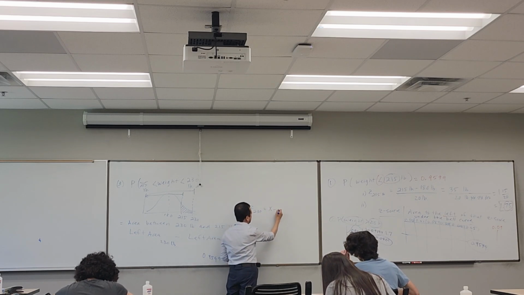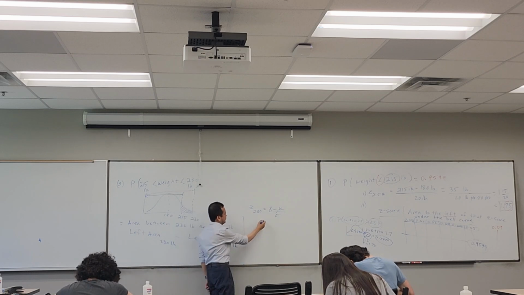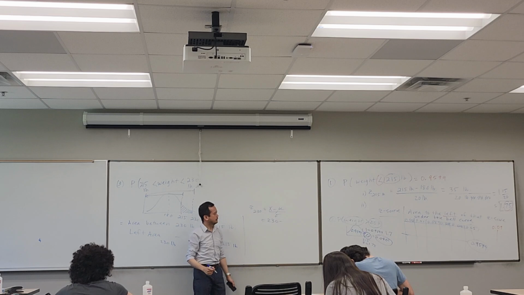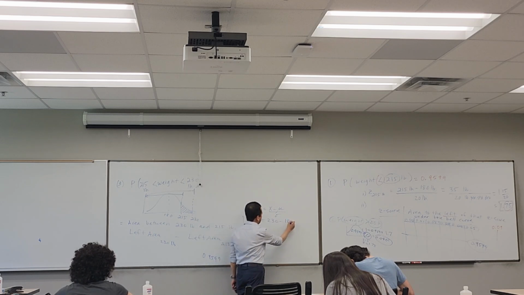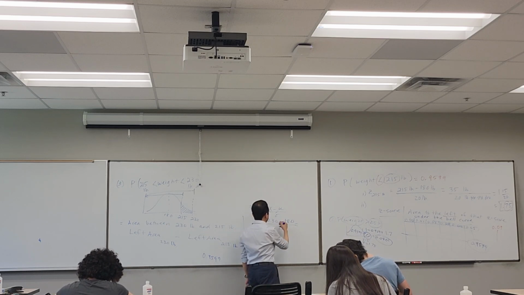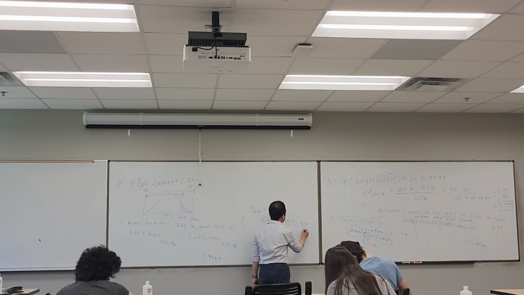It's x minus the mean, divided by the standard deviation. So that'll be 230 minus the mean, which is 180, divided by the standard deviation of 20. That's 50 divided by 20, which is 2.5.